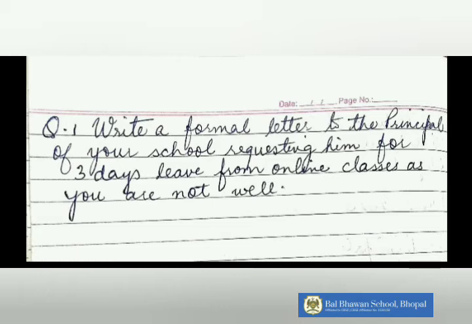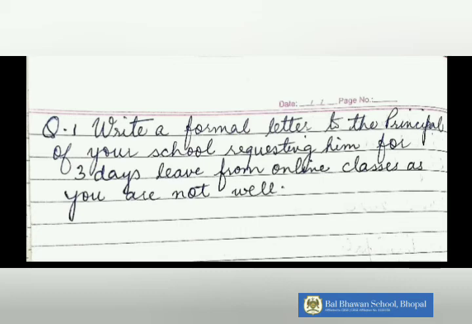Now, since we have learned the format of a formal letter, let's write a formal letter itself. The question is, write a formal letter to the principal of your school requesting him for 3 days leave from the online classes as you are not well. Let's begin writing.